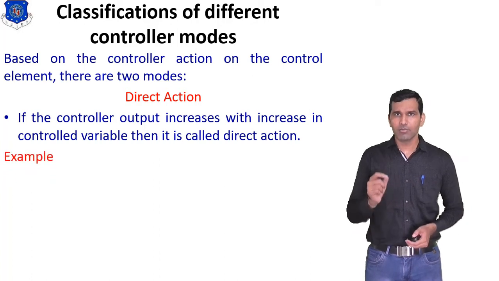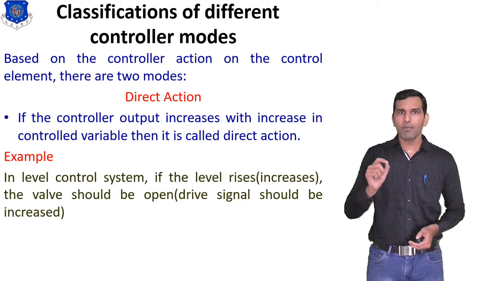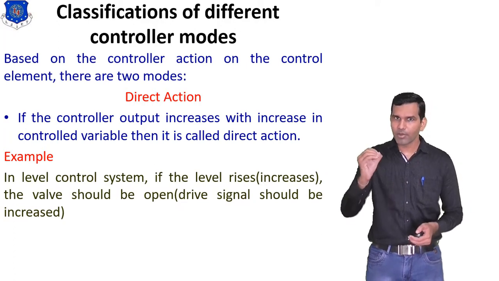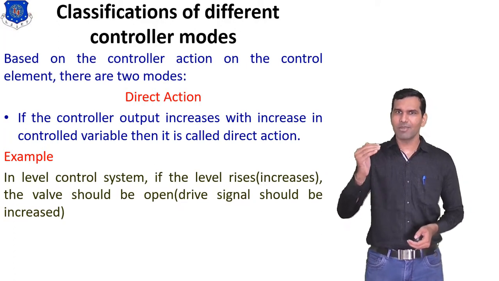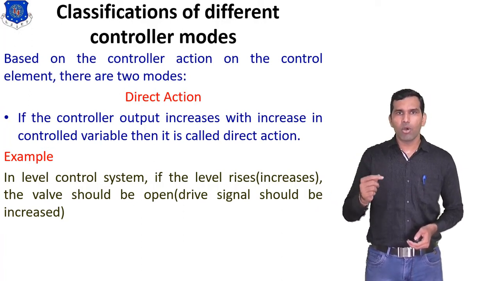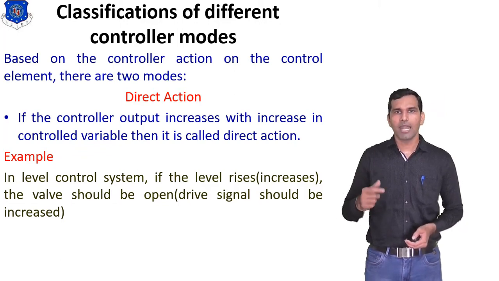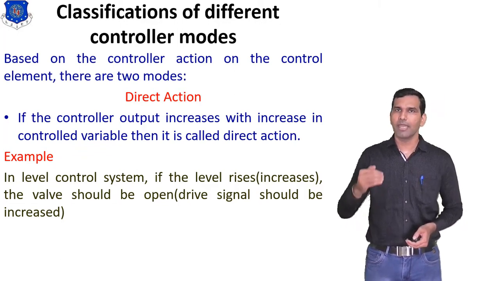Now we understand with the help of this example. In a level control system, if the level rises, that means increases, then the valve should be opened. That means the drive signal should be increased.